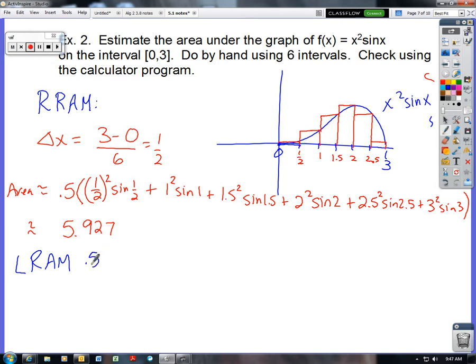So you would have 0.5 and you'd have 0 squared sine of 0 plus, and then you'd have 1/2 squared sine of 1/2, and on down the line. And then at the very end, your last x value is actually just going to be 2.5, because when you do your last rectangle, it's based on the 2.5, not the 3.